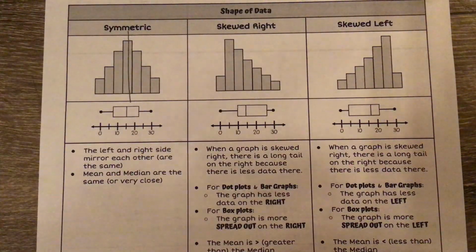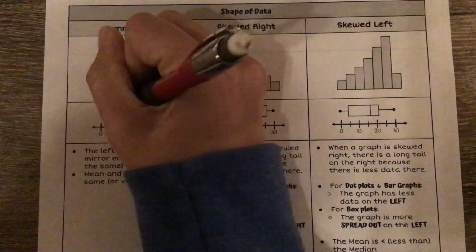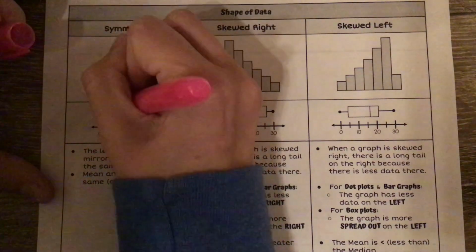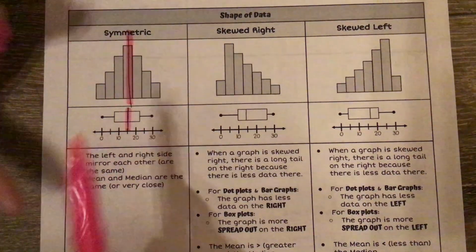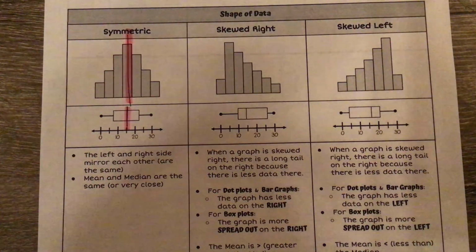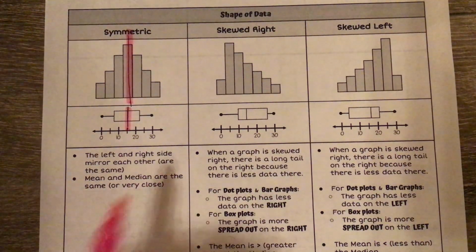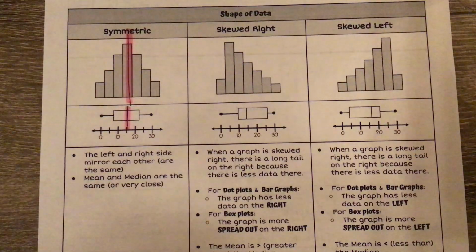It's balanced on both sides. Same thing here. We have it split in the middle. The left side, I'm going to highlight that to make it easier to look at. The left side and the right side look pretty identical. For this, your mean and median are the same or at least very close to each other.